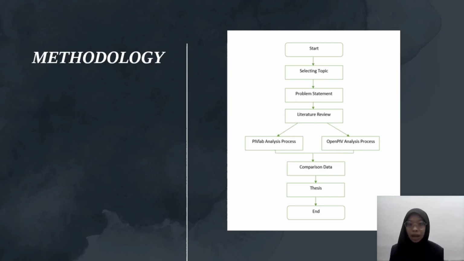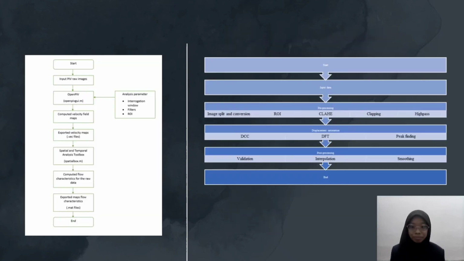Next, the PIV analysis using PIVlab and OpenPIV in MATLAB. After that, comparing the results that I get from open source with the results of commercial software. Lastly, I will write the thesis.